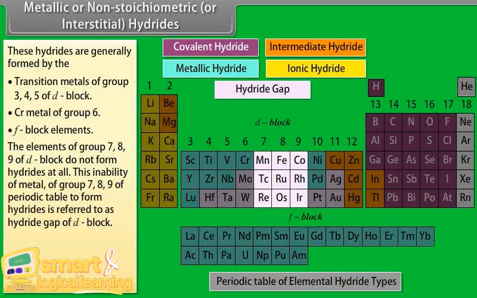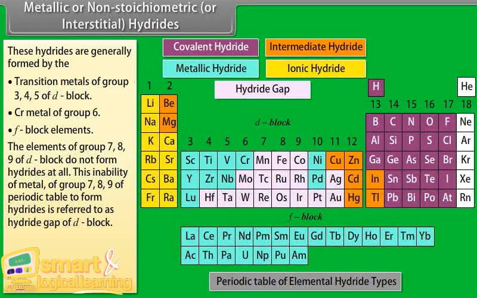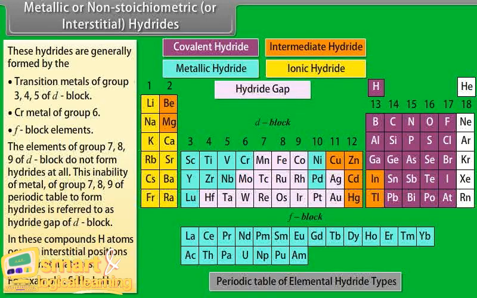This inability of metals of group 7, 8, 9 of periodic table to form hydrides is referred to as hydride gap of d-block. In these compounds, H atoms occupy interstitial positions in the metal lattices. For example, ScH2, LaH2.87.